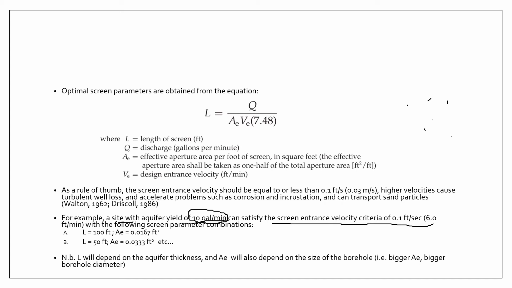All right, so we can calculate the optimal screen parameters to satisfy this velocity criteria. So we have Q, and we also have entrance velocity or VE. All right, and from there we can calculate the ideal well parameters.